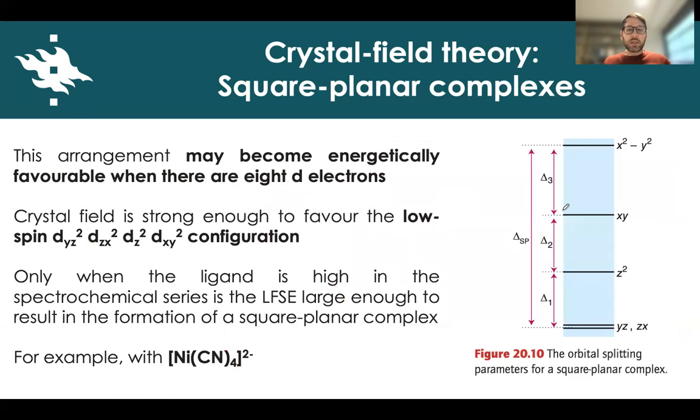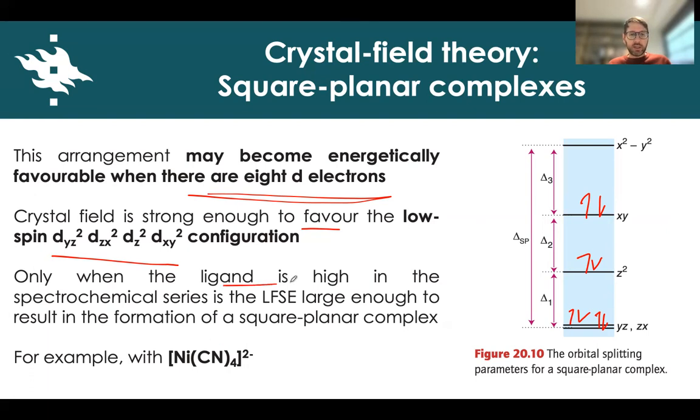So this arrangement becomes energetically favorable when we have 8 d electrons, and also when the crystal field is strong enough to favor this low spin configuration in which all these orbitals are filled in this pattern to favor a large ligand field stabilization energy.